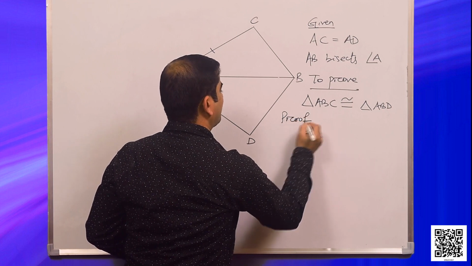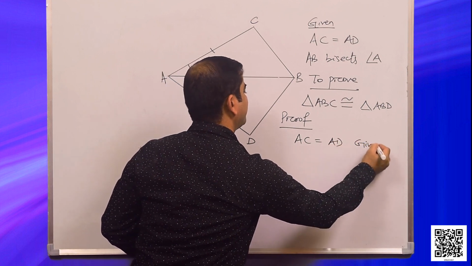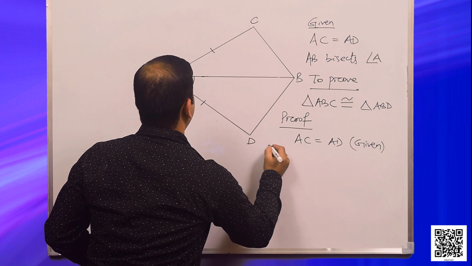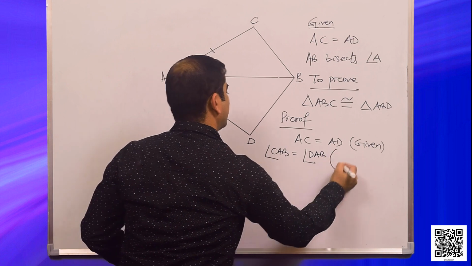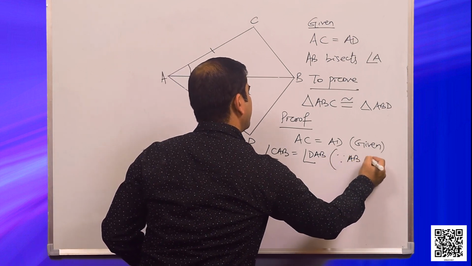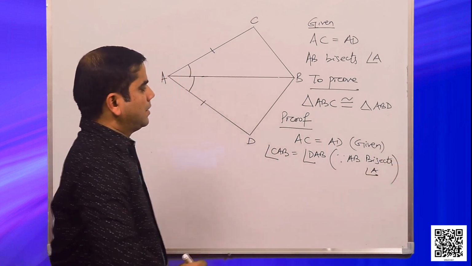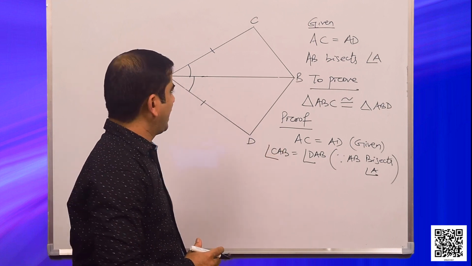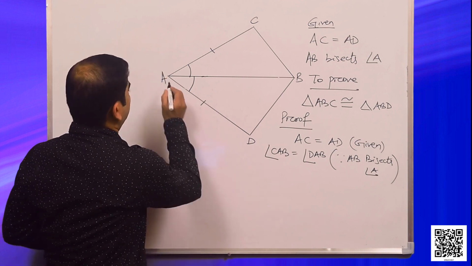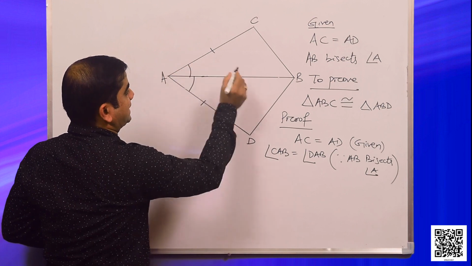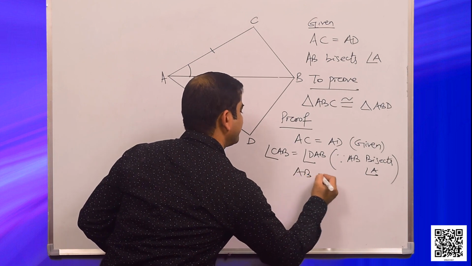So in the proof, AC is equal to AD, that is given, and angle CAB is equal to angle DAB as AB bisects angle A. So we have two given data. For congruency we need one more. As you clearly see, in triangles ABC and ABD, AB is the common side.